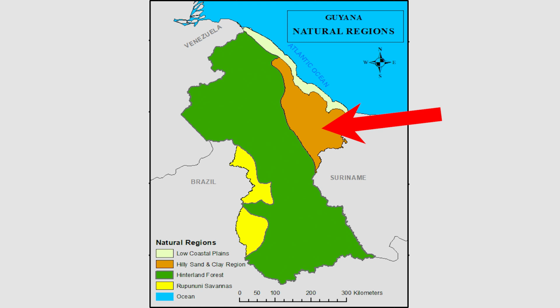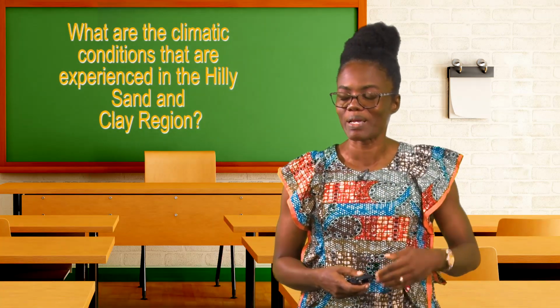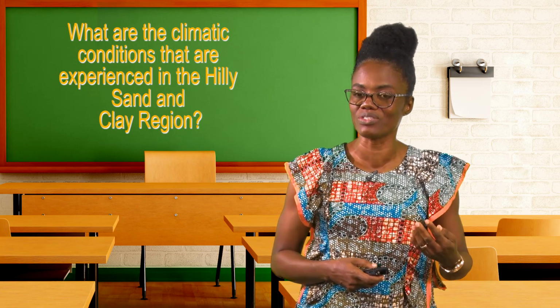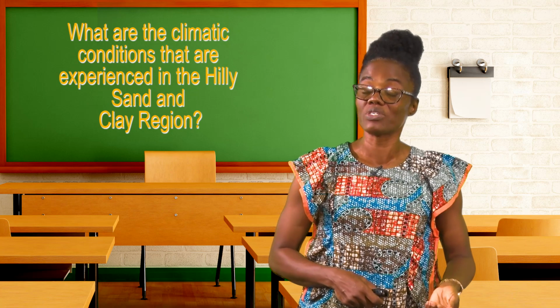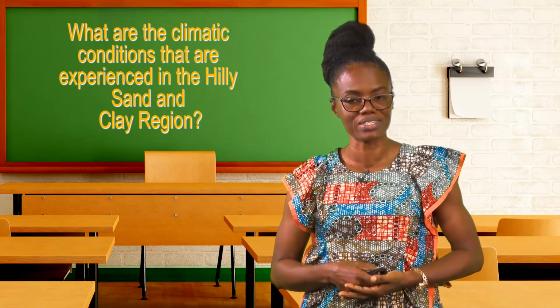So the hilly sand and clay region is mostly covered in shrub. It has medium height vegetation and hardwood due to the climatic conditions that is experienced there. And may I ask, and I'm going to pretend like I am hearing you, what are the climatic conditions that are experienced in the hilly sand and clay region?